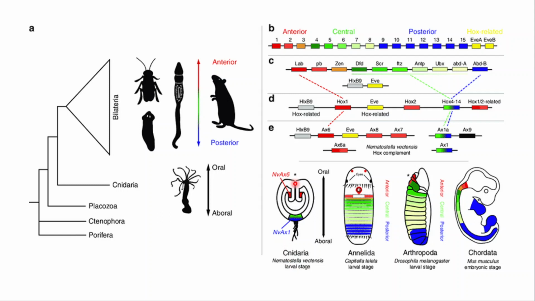In cnidarians we see NvAx6 specifying the oral to aboral axis, NvAx1 from the aboral, annelids anterior, central and posterior axis, arthropoda or Drosophila melanogaster, heavily studied for anterior to posterior axis with the Hox genes, and humans.